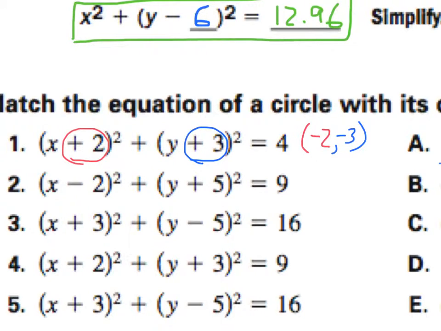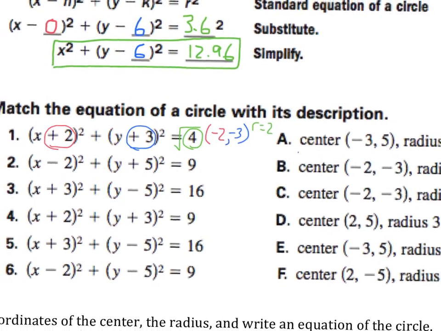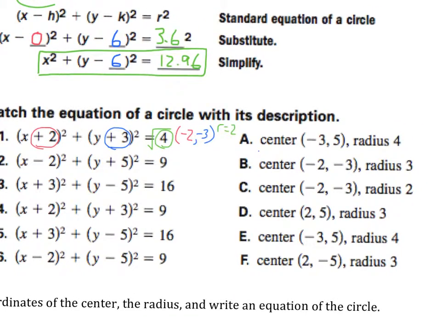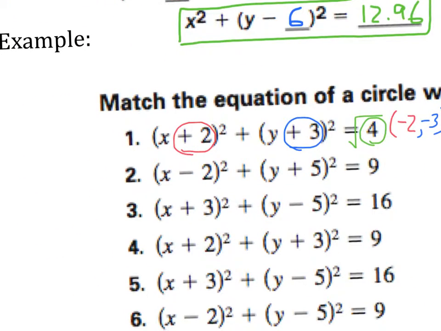And remember, my radius is not that number, it's the square root of that number. So radius is 2. So to match that one up, no big whoop, we just go over there to find all my matches. So my first one is C.